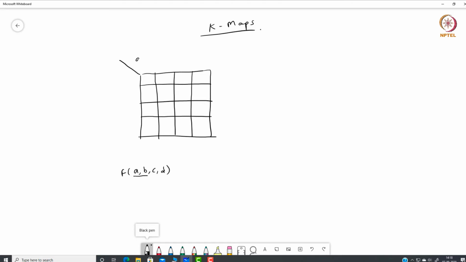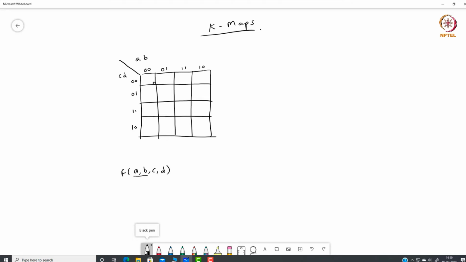So let us keep A and B, which are more significant, on the top, and C and D, which are less significant, on the side. On the top we write in terms of a gray code 0, 1, 3, 2, and on the side also 0, 1, 3, 2, and in the corner of each cell we can write the min term corresponding to that cell.